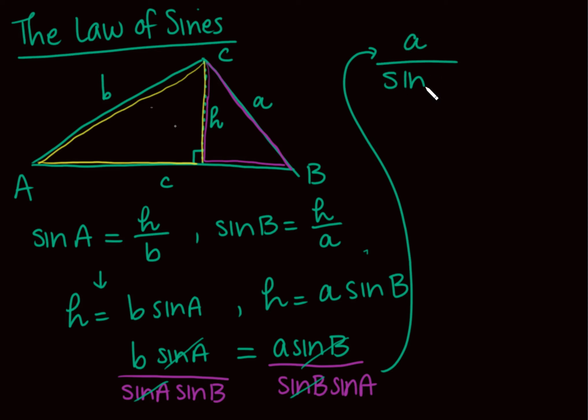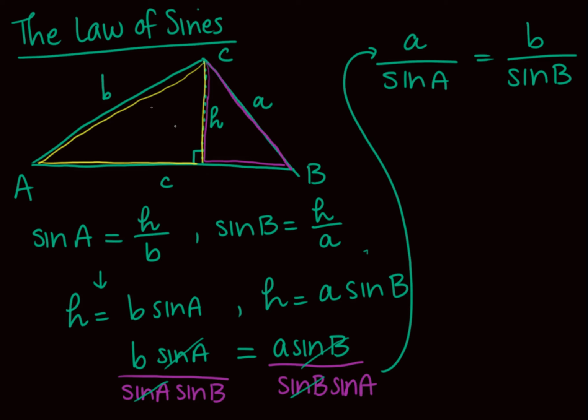The law of sines gives us a way to relate the side of a triangle and its opposite angle. So we have a over sine of A, b over sine of B. And I could do the same thing with C if I draw my altitude a little bit differently. So, law of sines.